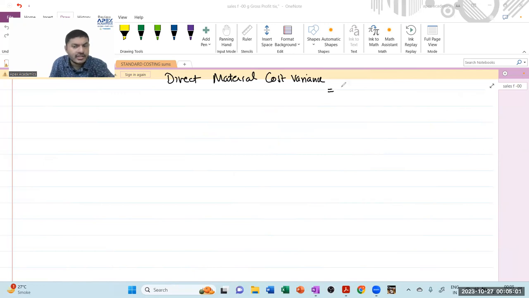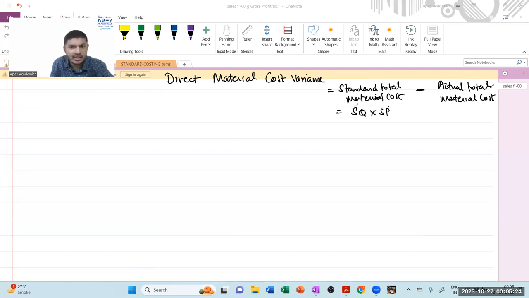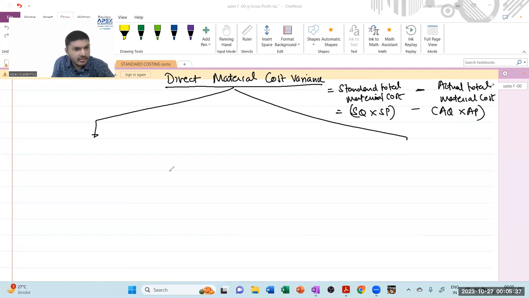Direct material cost variance is given by standard total material cost minus actual total material cost, which is standard quantity multiplied by standard price minus actual quantity multiplied by actual price. This is direct material cost variance, which is broken down into two further categories.